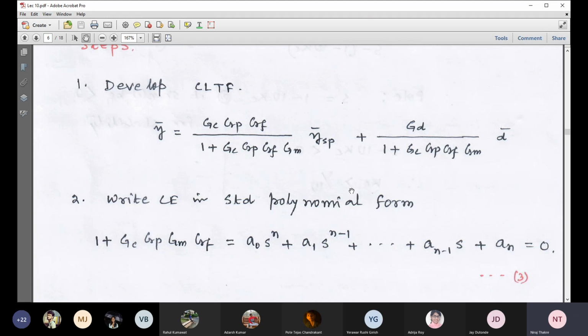CE is basically the characteristic equation. So this is the standard polynomial form, you see.